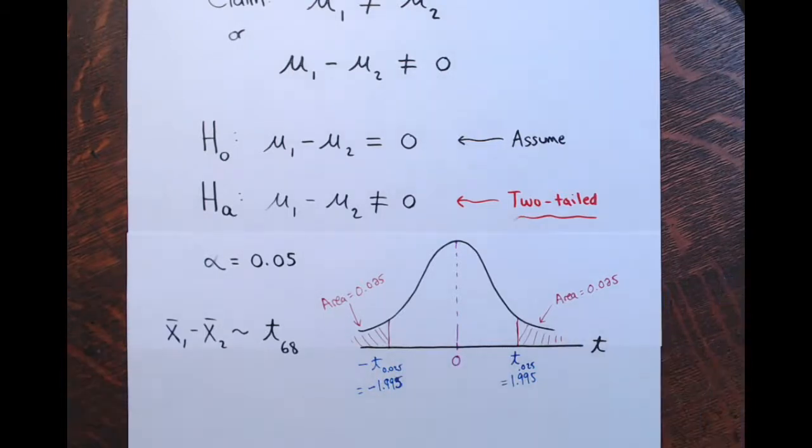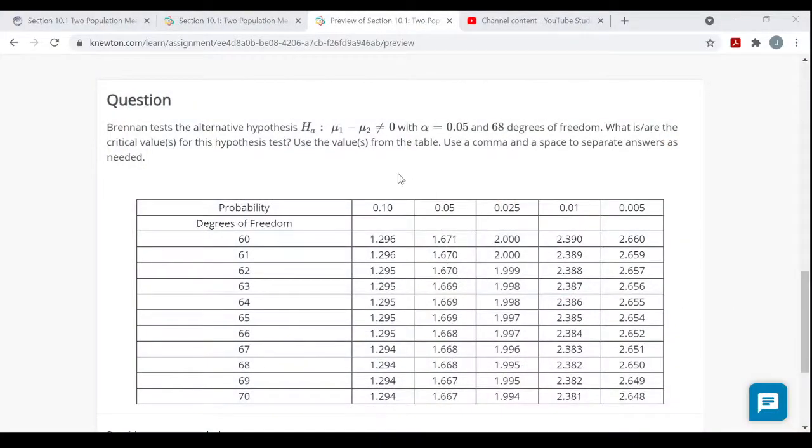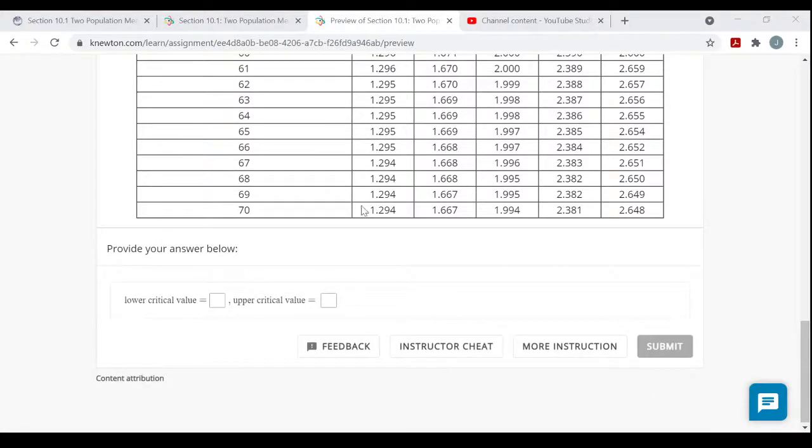Is it in a rejection region or not? But that's all we're asked to do here. Just determine these two critical values for the test. And it says use the values from the table. Use a comma and a space to separate answers as needed.